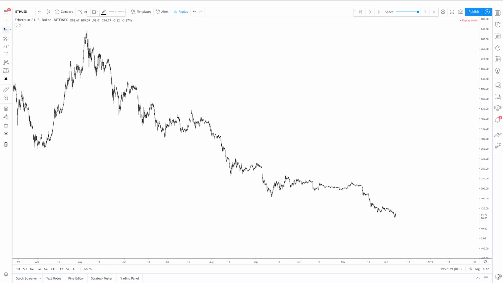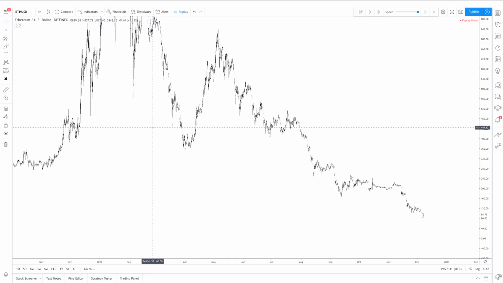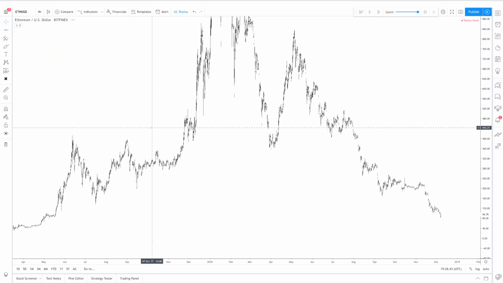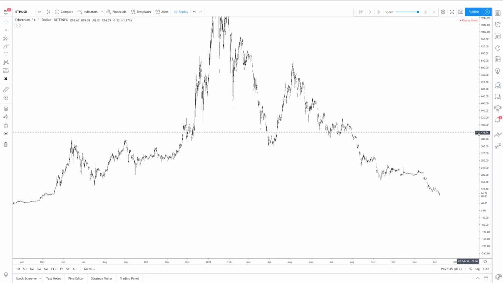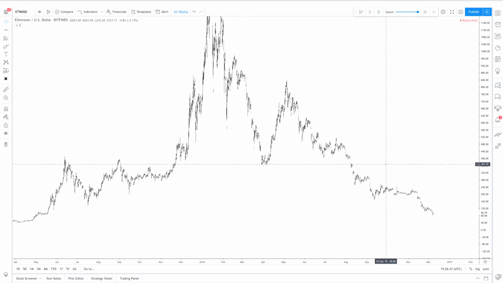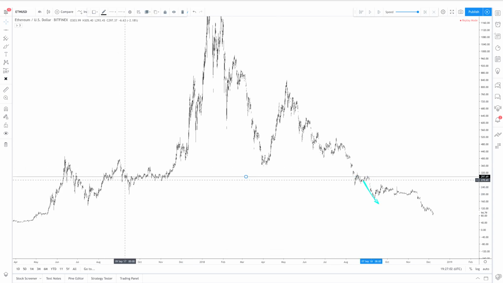Okay, so let's make this a little bigger to see what some past levels are and what we're looking at. We're going to focus in on this area here. Right off the bat, I see this as a breakdown. This was also support. Price goes above it, comes back down.